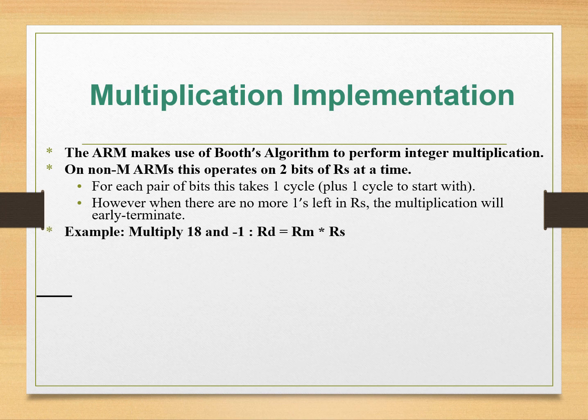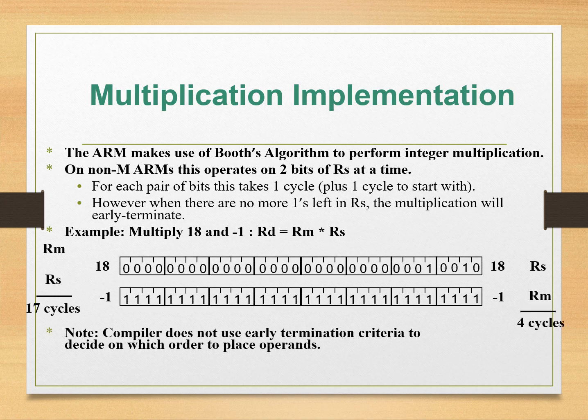Okay, for example, you multiply 18 and negative 1, where the expression is RD = RM multiplied by RS. We have RM as 18, and RS as negative 1, all 1s.